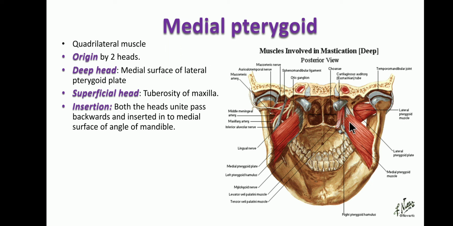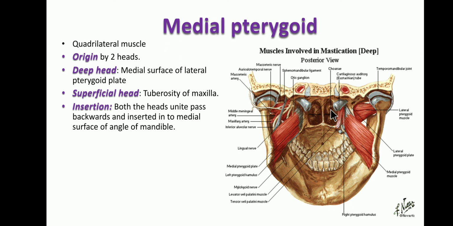Deep to the medial pterygoid, you see the tensor veli palatini muscle, which passes around the pterygoid hamulus and is inserted into the hard palate. The tensor veli palatini is seen more medial to it. This is your posterior nasal aperture or choana. Posterior to it, this area is your pharynx.